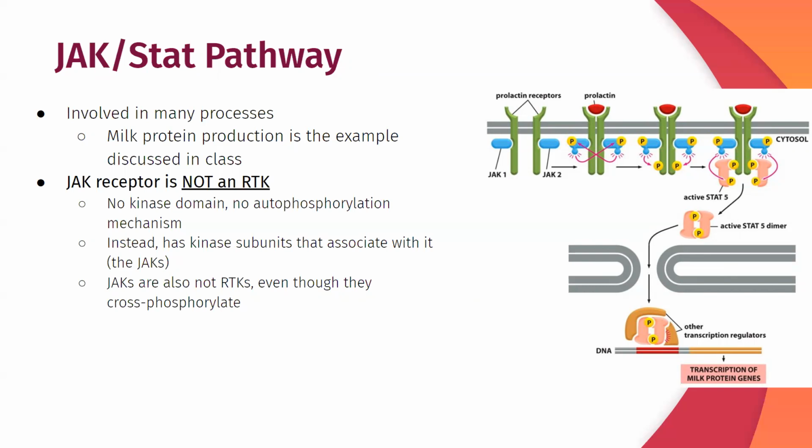And so it can't cross-phosphorylate, and it can't relay signal information because it is not able to phosphorylate. And so once the prolactin receptor in this case binds, the two receptors dimerize. This dimerization causes the activation of JAK.